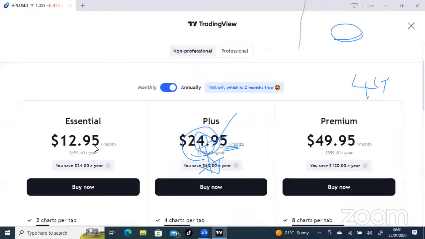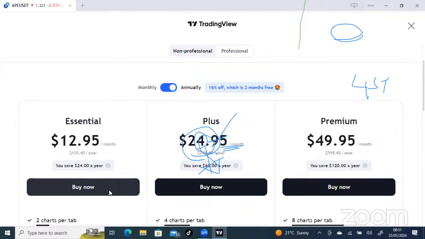$12.95. Someone is saying you have money, why don't you pay? I think I invest, guys. I invest in this team every month, my wife will confirm with me.